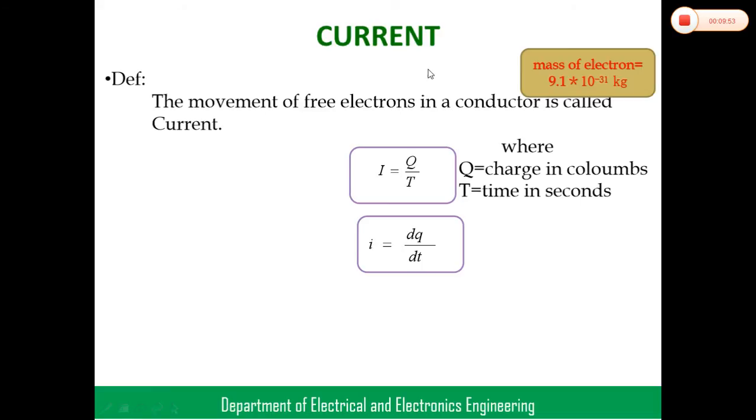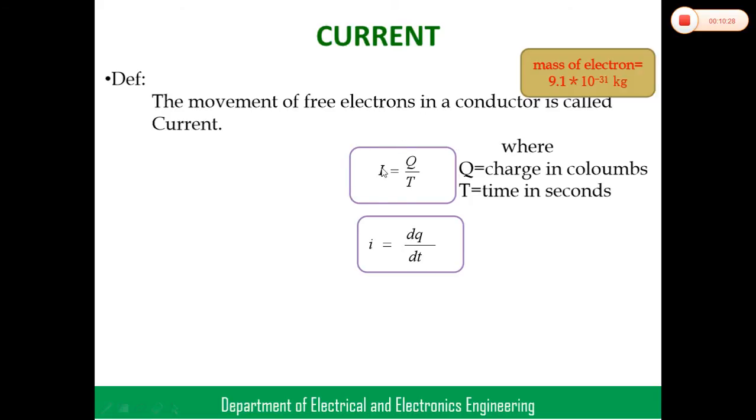That is 0.000 with 31 zeros, then 91. That's why, to move the free electrons we require very low voltage only. Even if you apply 0.1 volts, we can move the charged particles, that is free electrons. So the movement of free electrons in a conductor is called current.